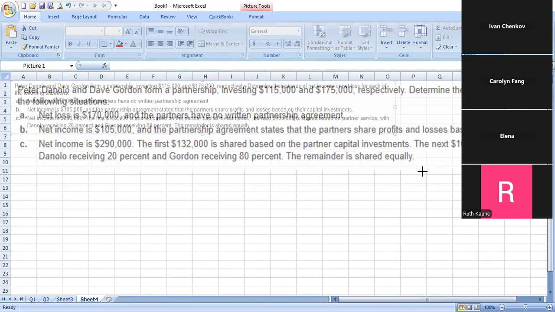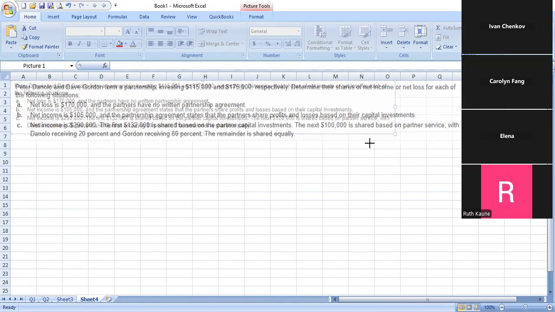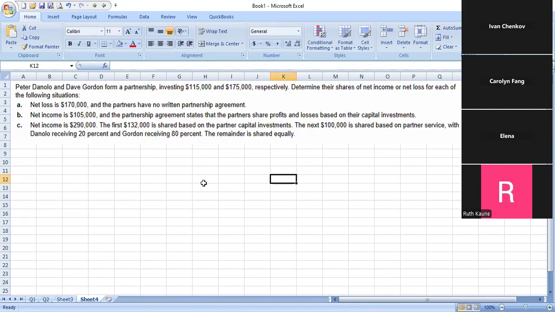So this kind of question is going to come, or similar. I cannot say it will be exactly the same, but something similar. In this company, two people from the partnership invested 150 and 175 respectively. Determine their shares of net income or net losses for each of the following situations. Company has a net loss of 170 and the partners have no written partnership agreement. Net income is 105 and the partnership agreement states that the partners share profit and losses based on their capital investments.